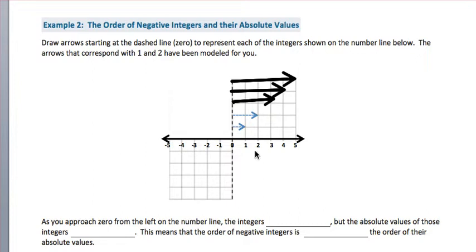The same thing is true for our negative integers. For -1, we would start at 0 and go to -1. For -2, we would start at 0 and go to -2. Likewise for -3, -4, and -5.